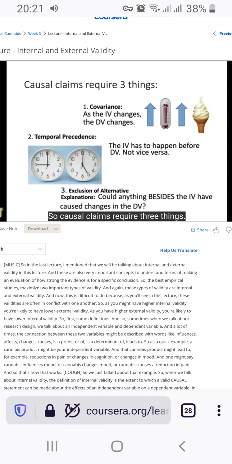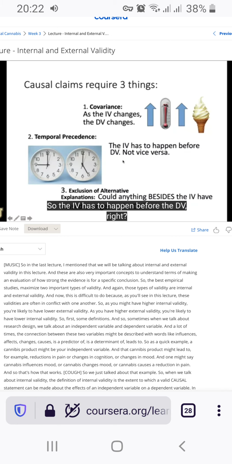So causal claims require three things. They require covariance. And all that means is that as one variable changes, so does the other variable. So as cannabis use goes up, pain goes down, for example. Or as the temperature goes up, eating ice cream goes up. The other important part here is temporal precedence. So the IV has to happen before the DV, right?